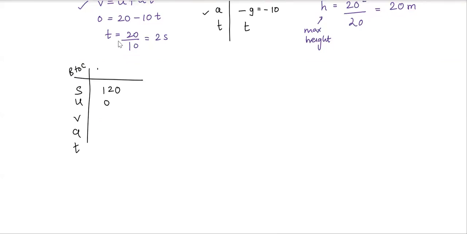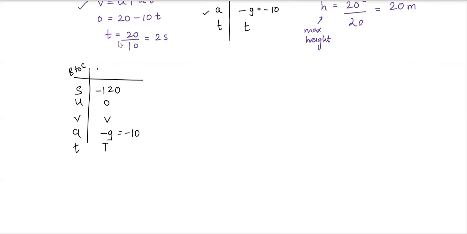Then the initial speed is 0, which is the initial speed at B, and the final velocity is something that we need to find. Acceleration here again is minus g. Now in this case the displacement is in the negative direction, so I will take the displacement as minus, and acceleration is also minus, so this will be minus 10, and the time, let it be some capital T.